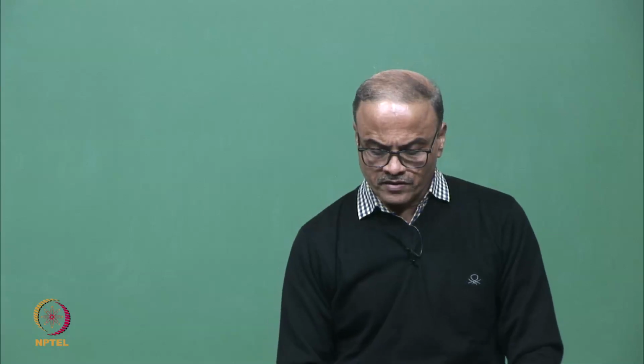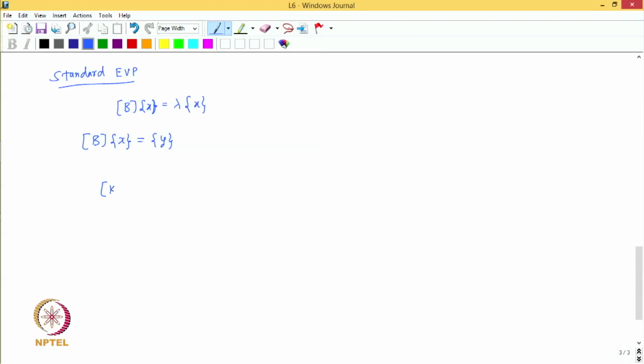But in the present case, we have the generalized eigenvalue problem where the matrix on the right hand side is no longer unity. In the standard eigenvalue problem, the matrix M is unity, right, but here it is not unity.